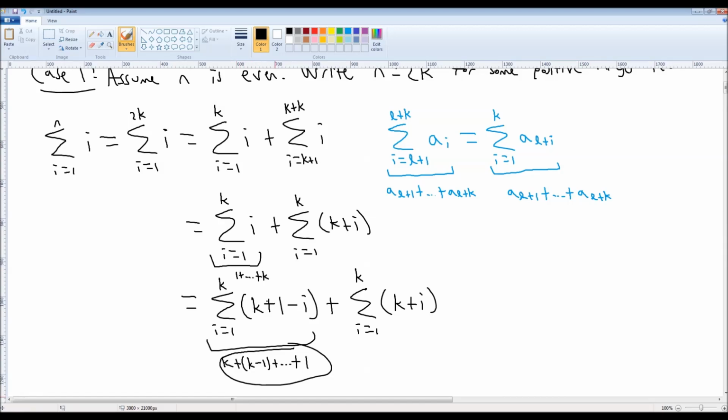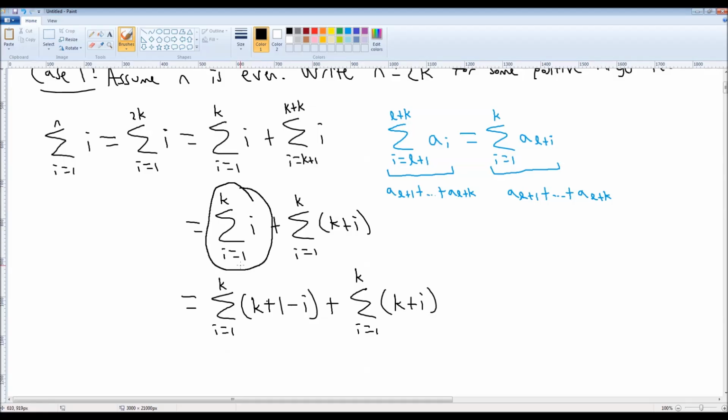Now, even though I spoke in terms of dot dot dot, this ability to turn a sum like this into a sum like this is actually a theorem. Let me write the more general one in blue.